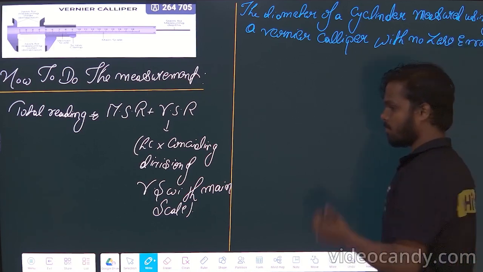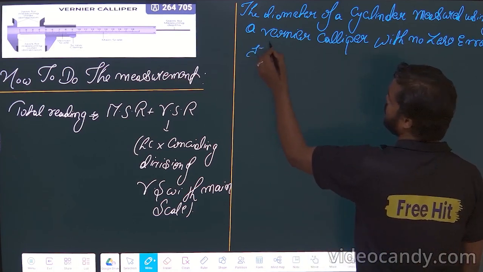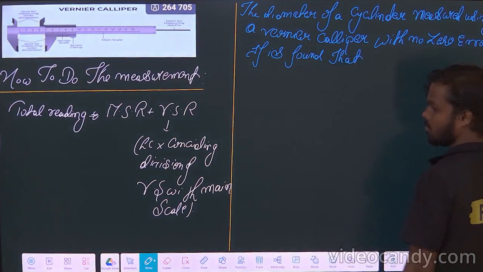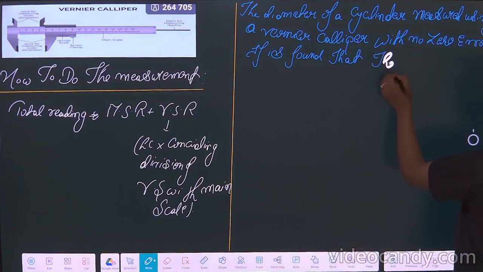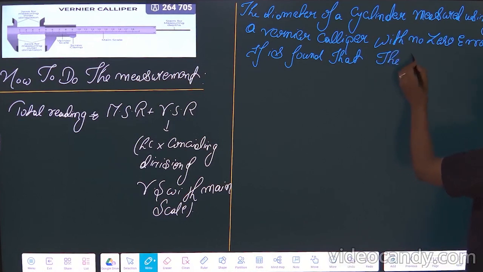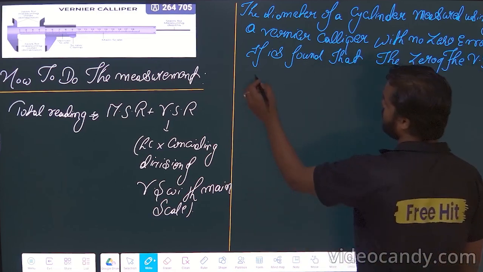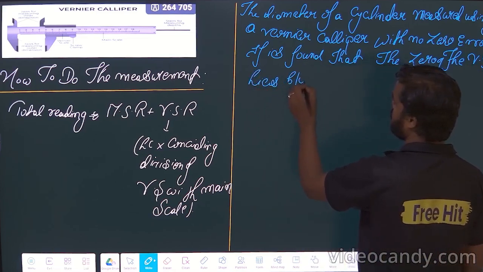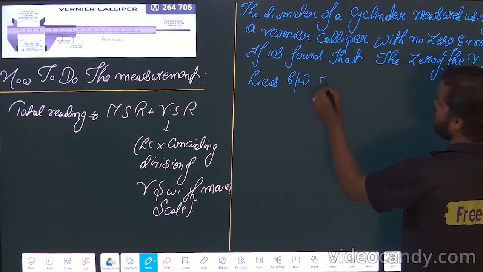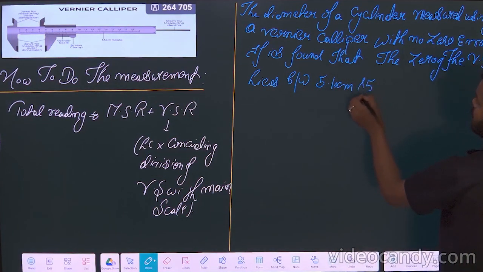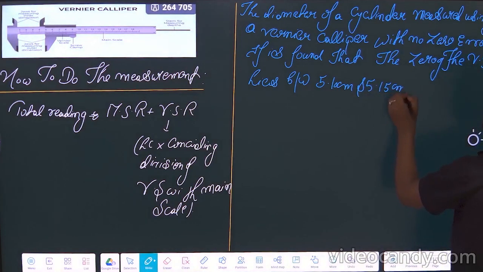With no zero error, it is found that the zero of the vernier scale lies between 5.1 centimeter and 5.15 centimeter of the main scale.